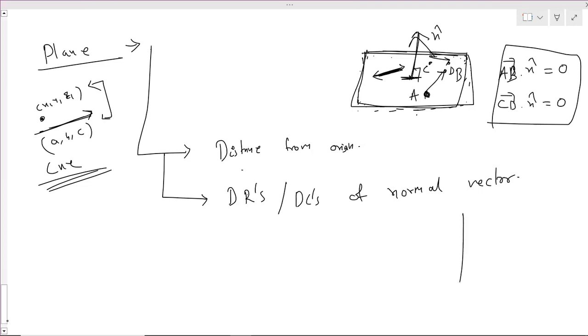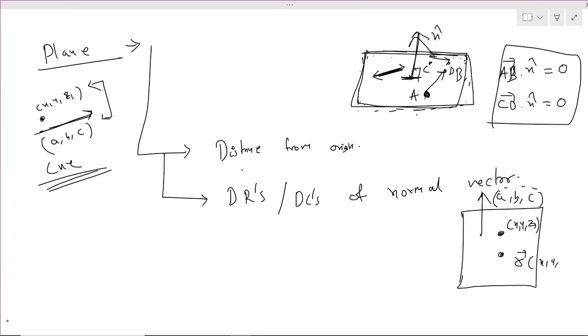So how to derive the formula? Suppose the given point is x1, y1, z1, and the normal is A, B, C. Alright, direction ratios. Let me take a point R, which is X, Y, and Z. Alright, this is clear.